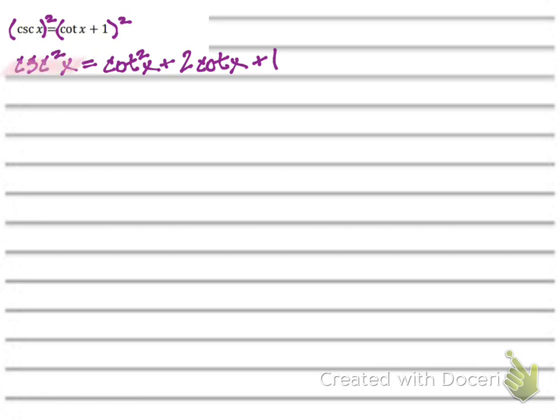So he is going to become what? 1 plus cotangent squared is cotangent squared plus 2 cotangent plus 1.